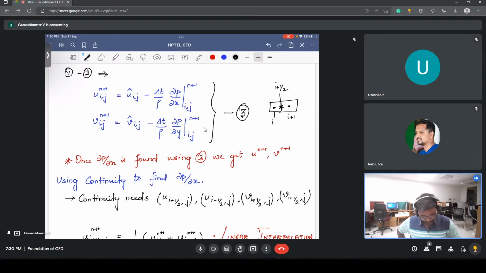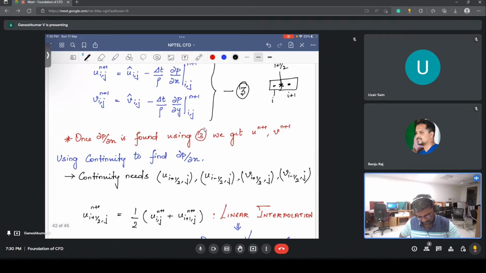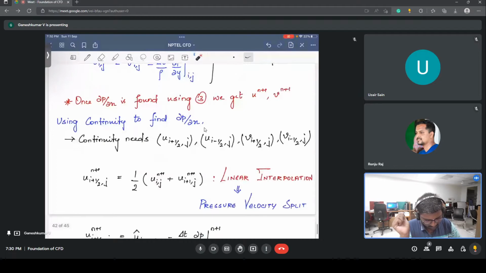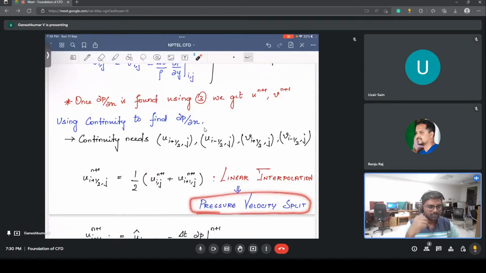So you will take half times u of i, j and u of i plus 1, j. When you do this, which is linear interpolation, what we found in the last class was that we end up getting pressure velocity split. So how do we get that?